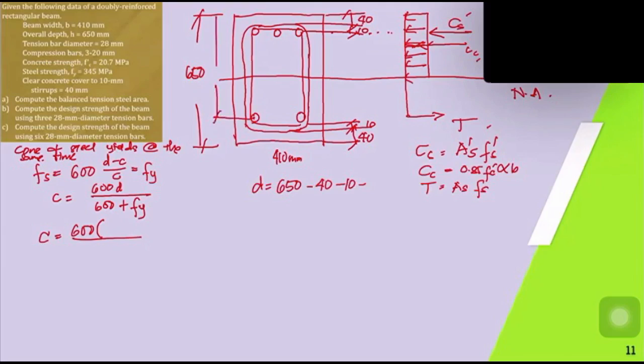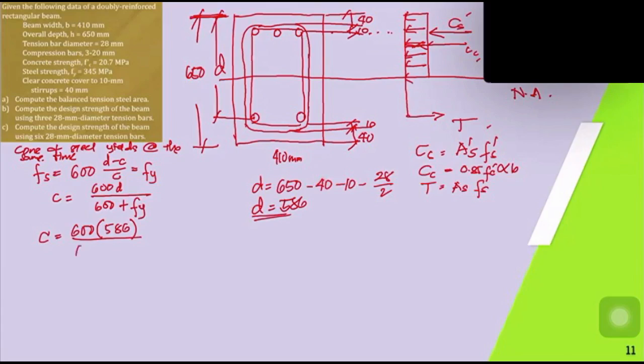That gives 586, the distance from the extreme compression fiber to the centroid of the tension steel.